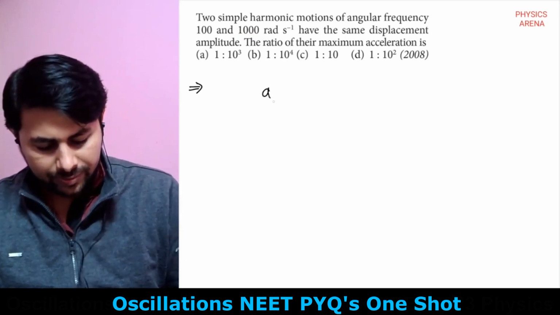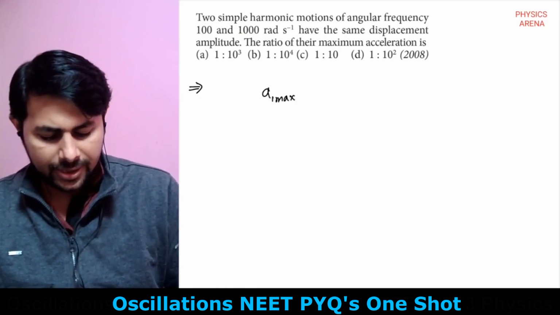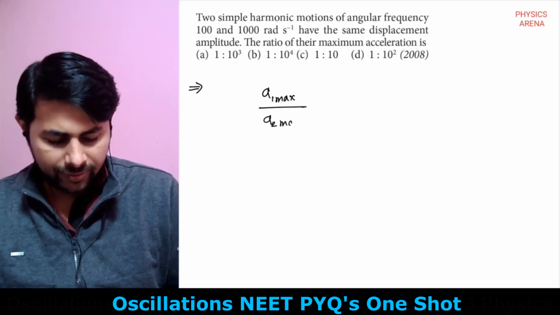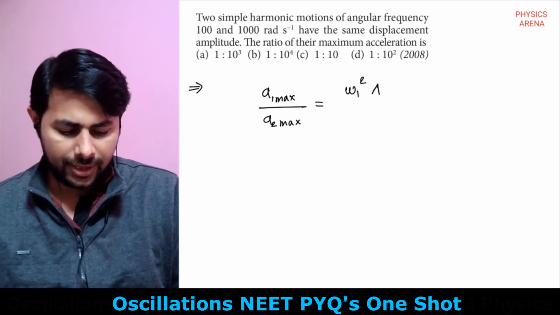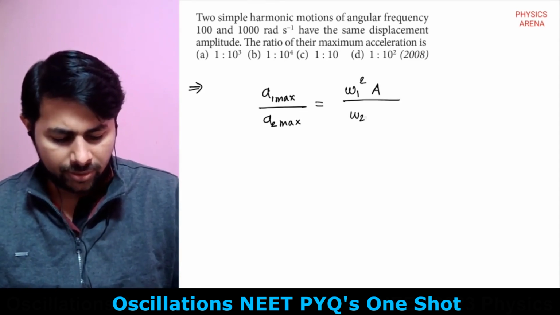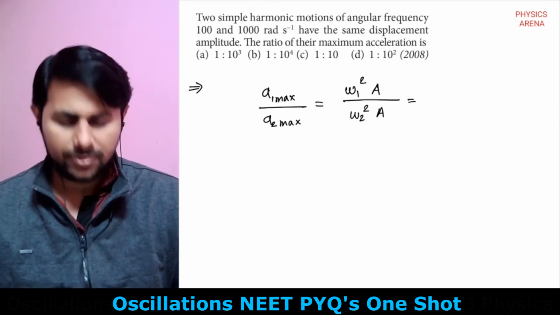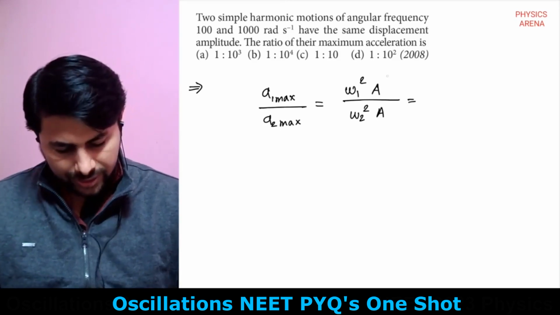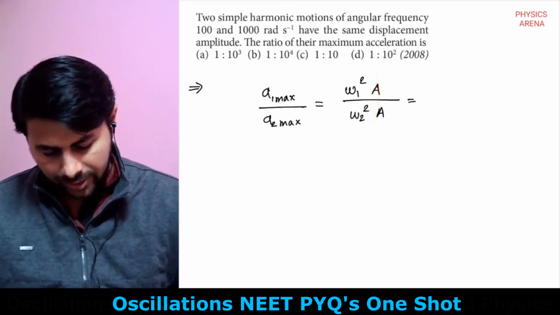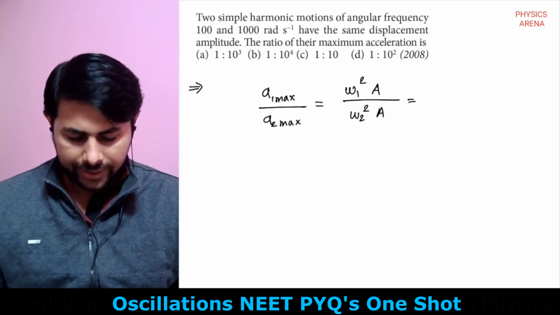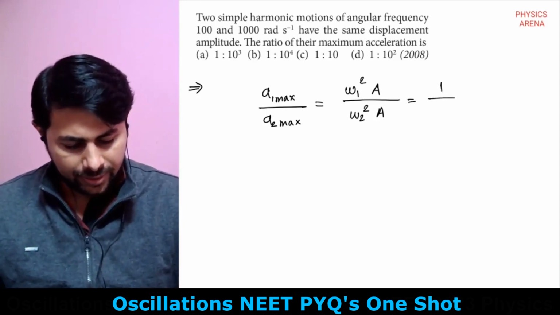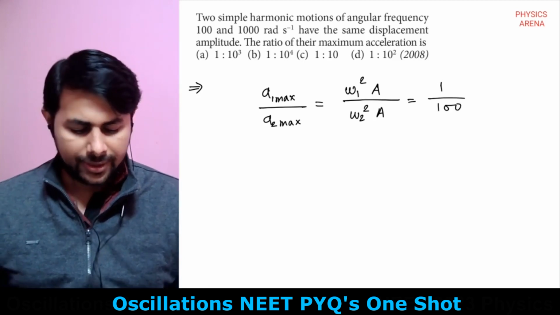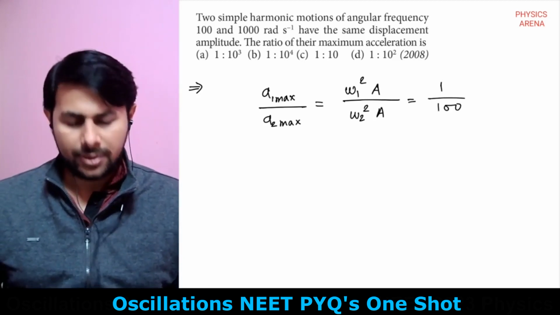Maximum acceleration: a1 max divided by a2 max is omega 1 square a divided by omega 2 square a. A is the same, so it gets cancelled. So it is 100 square divided by 1000 square. What's that? 1 upon 100, right?